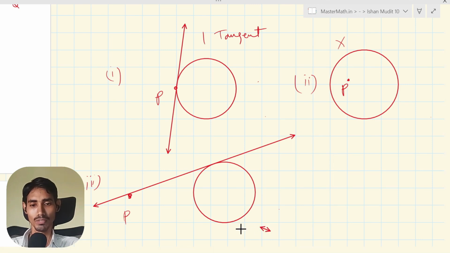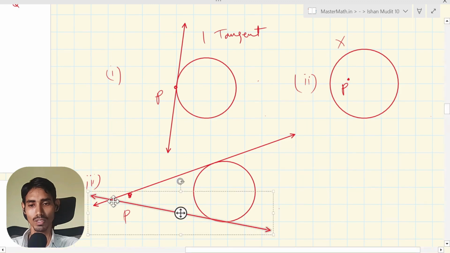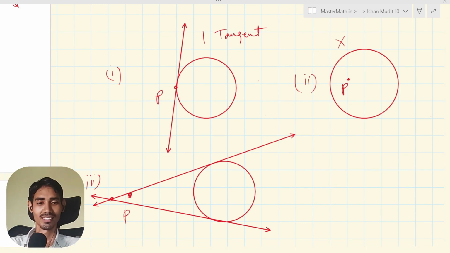Then we can have something from here, you know. Okay, we can have the point here. It's not Mudit's fault. Okay, so how many tangents from one point outside? How many tangents to a circle are possible?